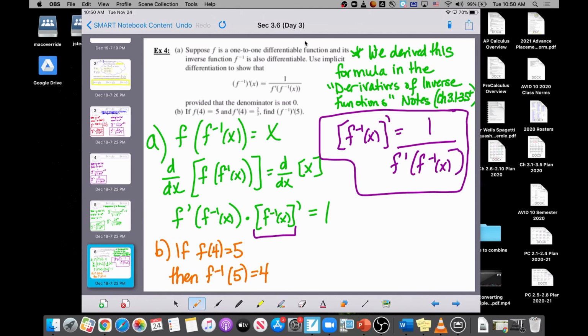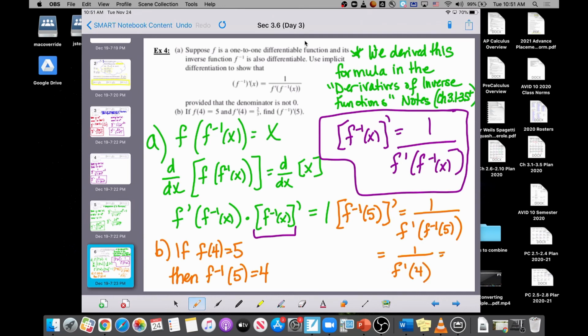So if I want to find f inverse prime of 5, then f inverse prime of 5 is going to be equal to 1 over f prime of f inverse of 5, right? Well, f inverse of 5, as I just wrote on the left-hand side of my screen, is 4.